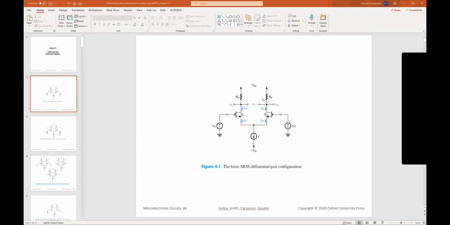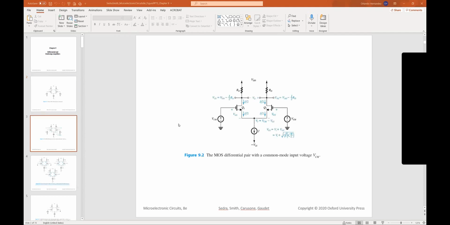And as we go through the analysis, the reason I show this, and you should refer to these figures, is because the quantities, for example the ones in blue, are the ones we're going to be referring to in the analysis later on. And here in figure 9.2, there is a little bit more elaboration on the quantities, so we'll go through that in detail.